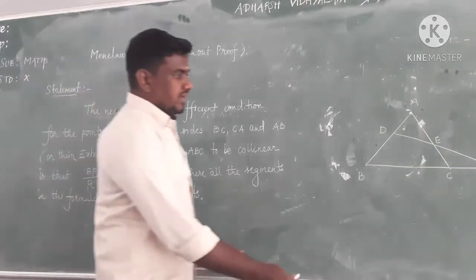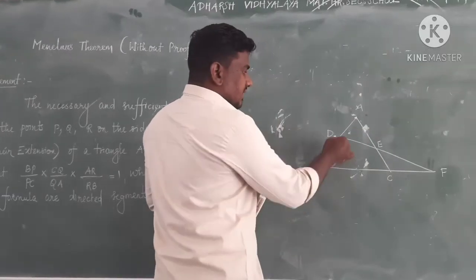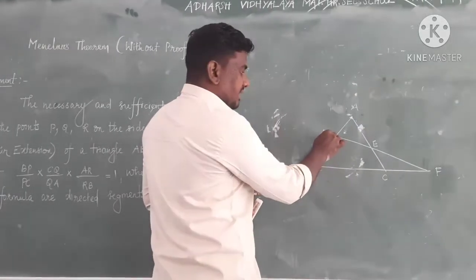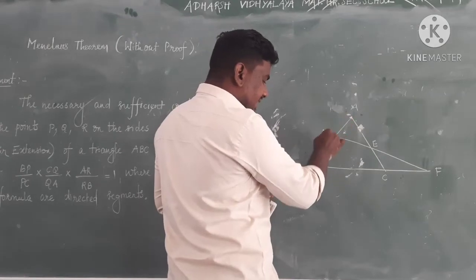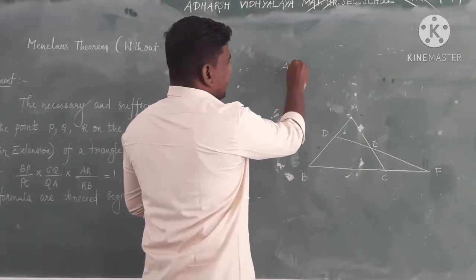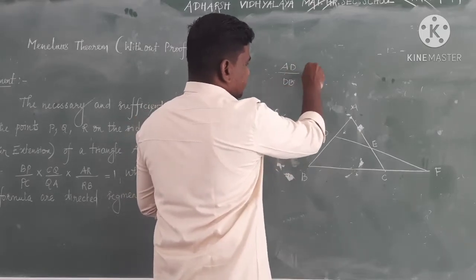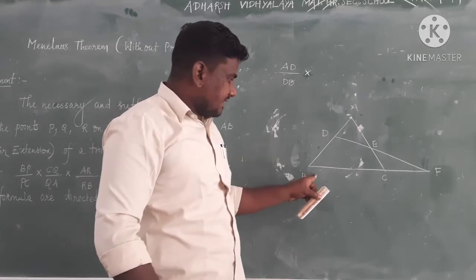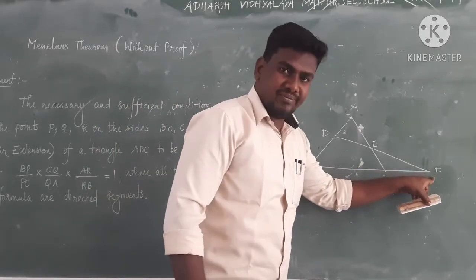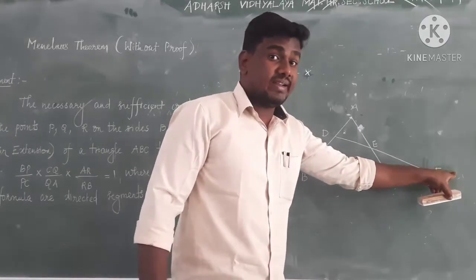Now first we take from the vertex A, and this is the intermediate point. This point D divides the side AB, so we can write it as AD by DB, into the second one. Here the intermediate point is F. It divides the side BC externally, not internally.